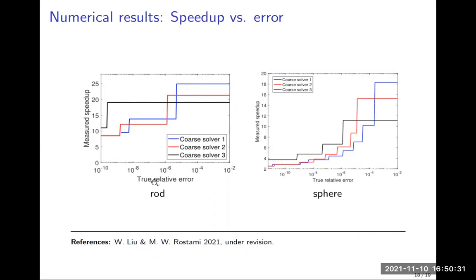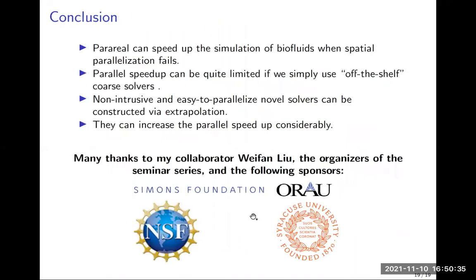Okay, so that's actually everything. This is my conclusion. We observe that parareal can speed up the simulation of biofluids when spatial parallelization fails. And we also notice that parallel speedup can be quite limited if we simply use the off-the-shelf coarse solvers.